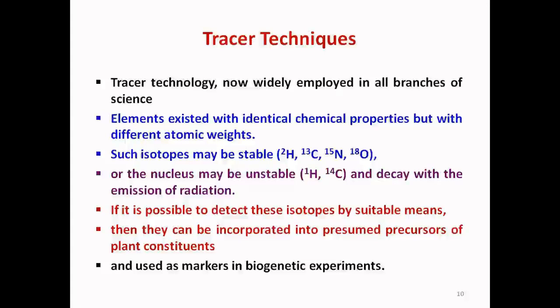We are going to incorporate radioactive isotopes into presumed precursors, and they can serve as markers in biogenetic experiments. Since we are able to detect these isotopes, we can use radioactive isotopes for tracing different intermediates which are responsible for the ultimate formation of the end product.